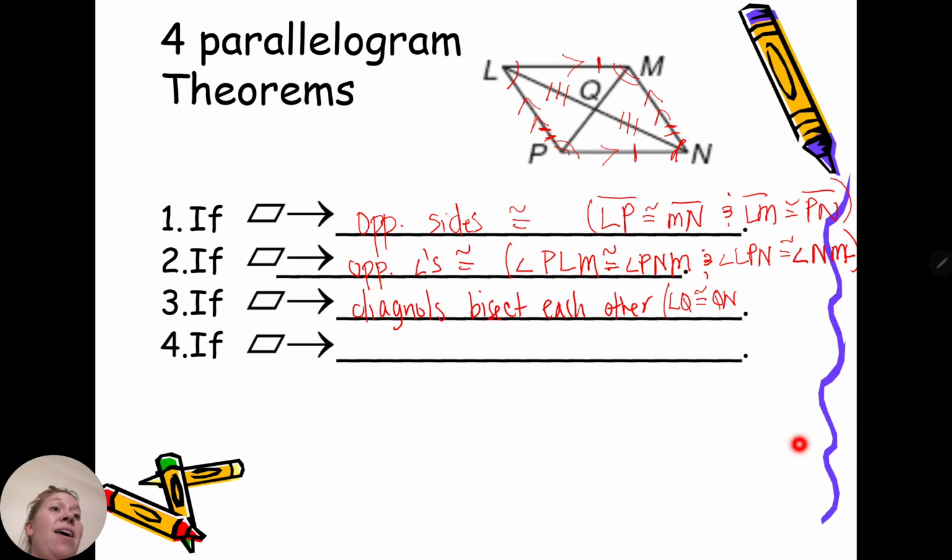And then LN is going to bisect PM. So we can say that PQ is congruent to QM. So the diagonals cut each other in half, bisect each other.